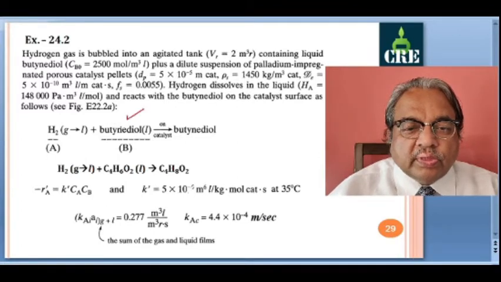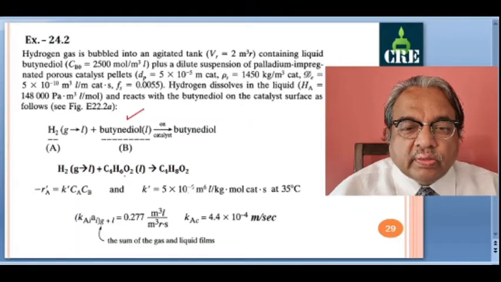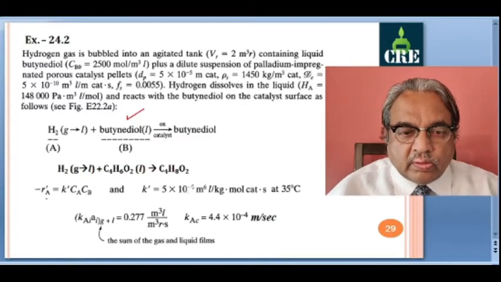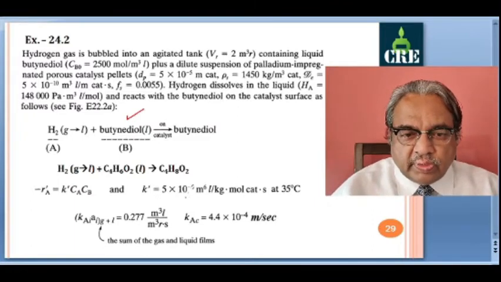And you get A plus B. Stoichiometric coefficient is 1. You always note the stoichiometric coefficient. Okay. Minus RA is K prime CA CB. K prime is given here, first order with respect to A, first order with respect to B. These are second order units at 35 degrees Celsius.